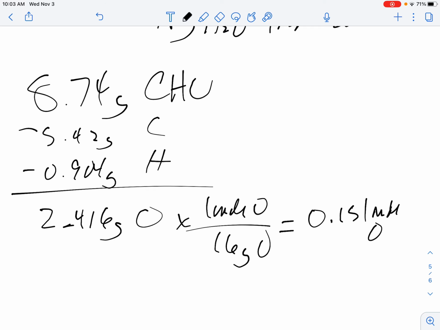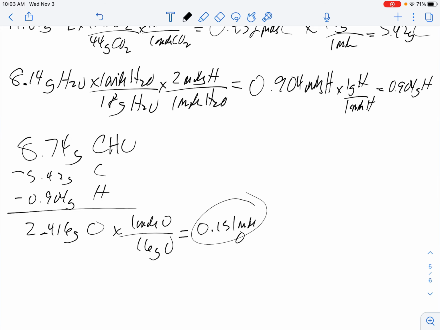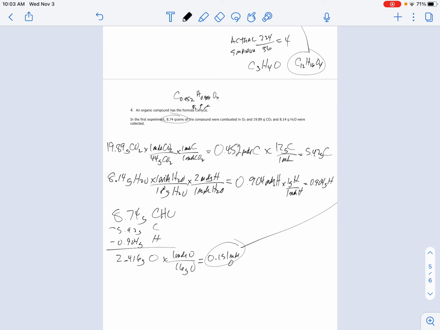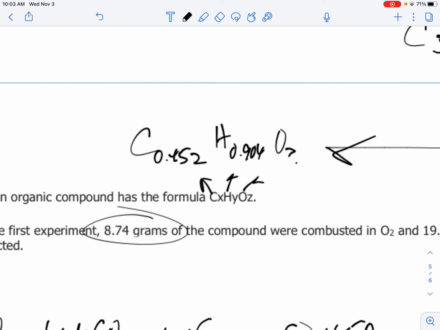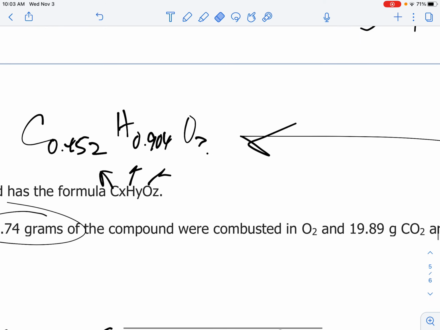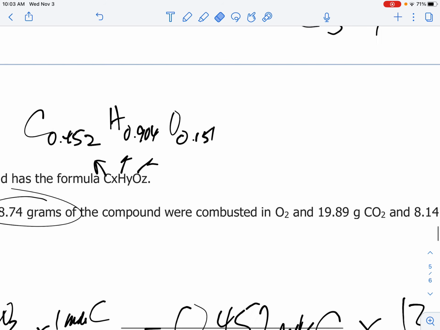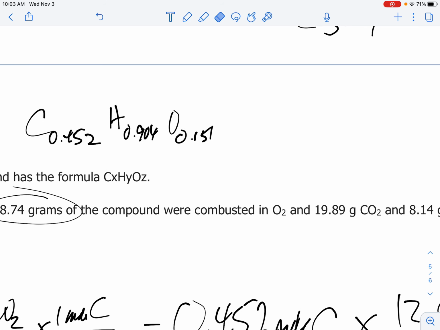moles of oxygen. So this guy here can go all the way back up here. So this is now 0.151. Now that I have that, remember I divide by the smallest of the numbers, so I'm going to end up dividing by the 0.151. It's almost always the oxygen that you're dividing by in these problems, the way that they're usually arranged.